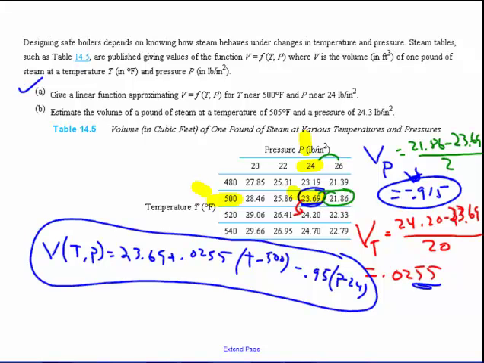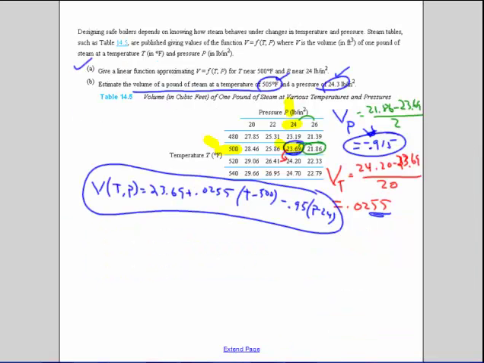It says now estimate the volume of a pound of steam at this temperature and this pressure. We'll notice that those temperatures and pressures aren't on our table, but by making this local linearization, we can approximate that volume at (505, 24.3). We're just going to plug those values in.